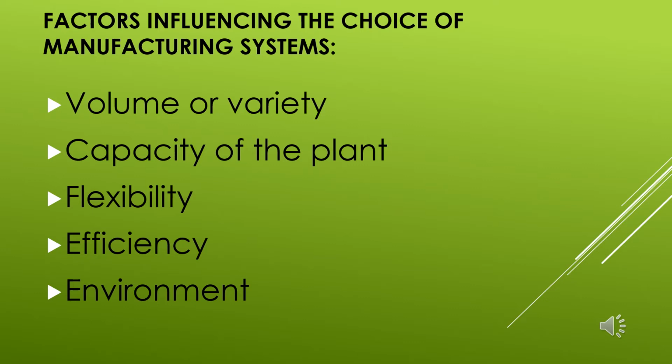And one more factor, yes, I just forgot to discuss one more factor, which is the changing environment. Changing environment means every single day the processes and the products are changing, and most importantly the technologies are changing very, very fast.